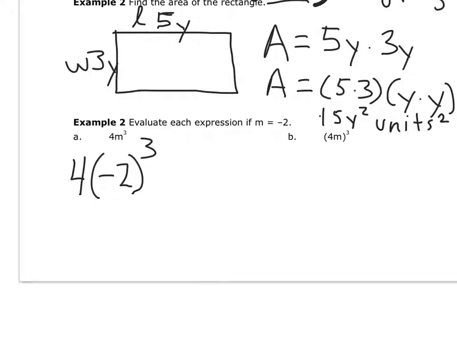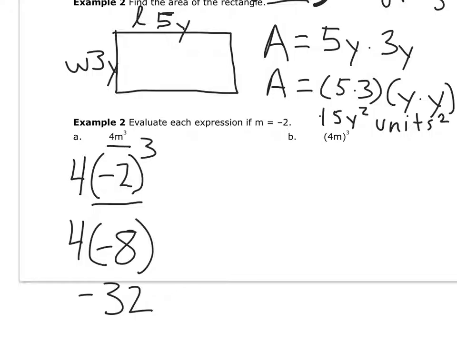So now, according to the order of operations, there is nothing inside the parentheses I can do. There is an exponent though, so I have to do that. So I need to do -2 times -2 times -2, which is going to be -8. And then I'm going to do 4 times -8 is -32.